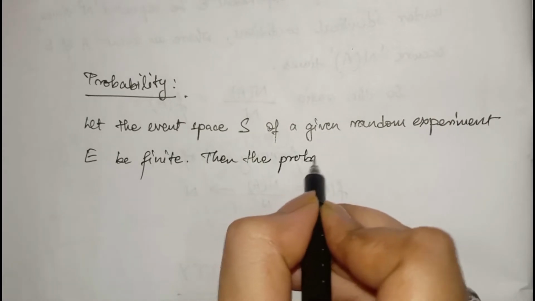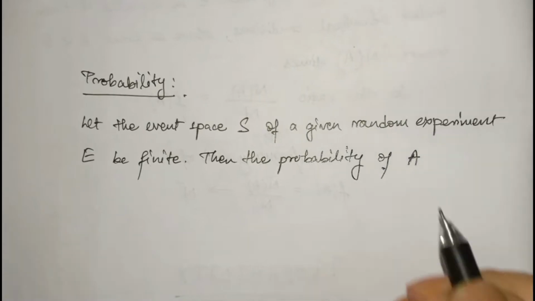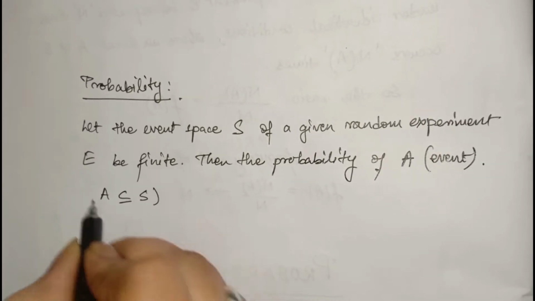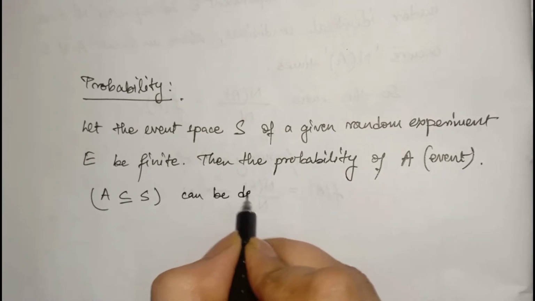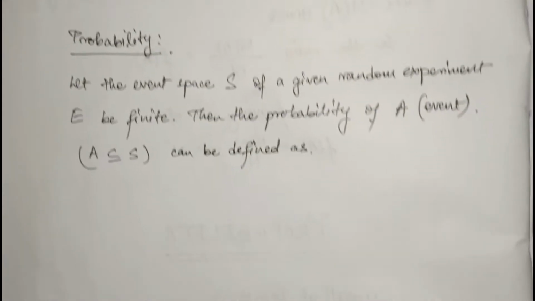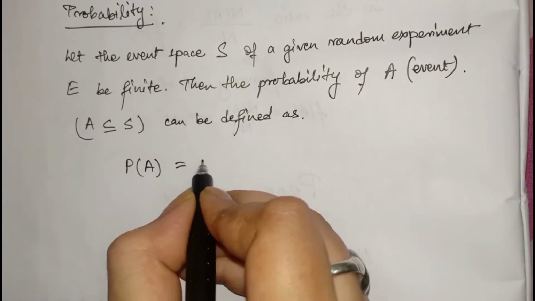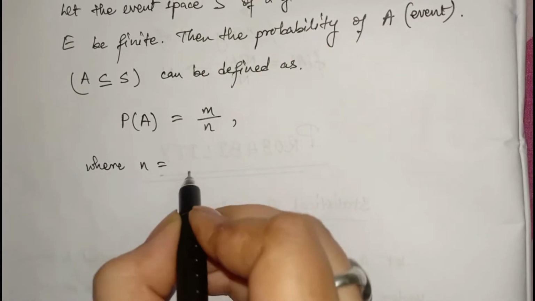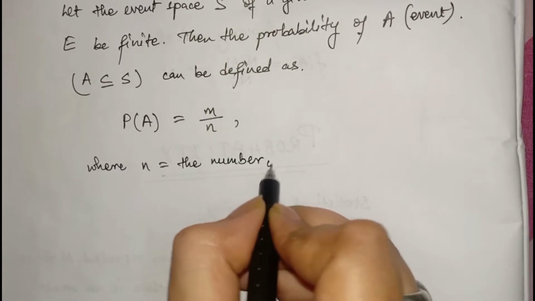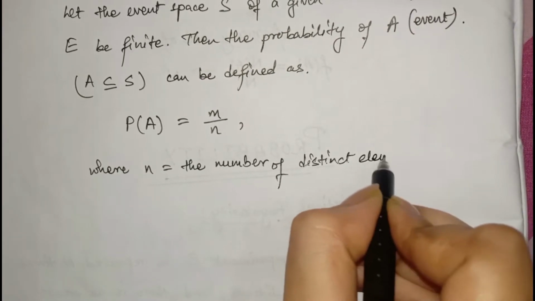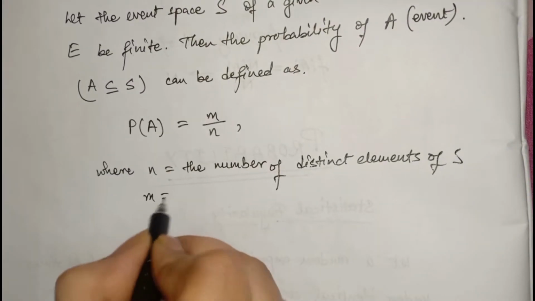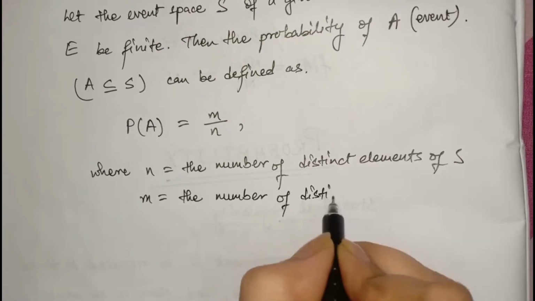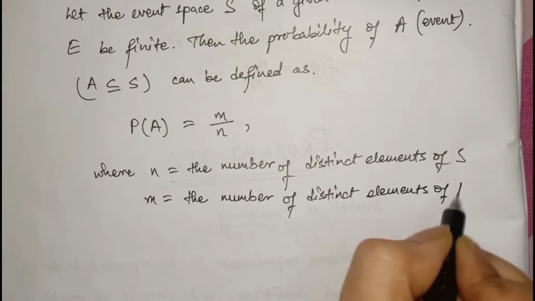Then the probability of A, which is an event, and here A is a subset of S, can be defined as PA equal to M by N, where N equals the number of distinct elements of S and M is the number of distinct elements of A.